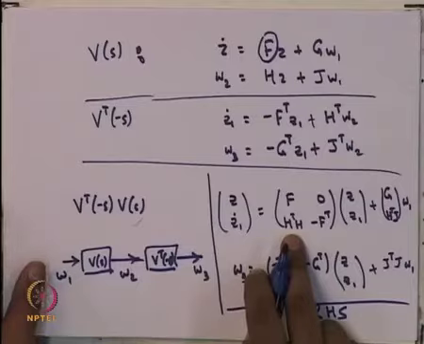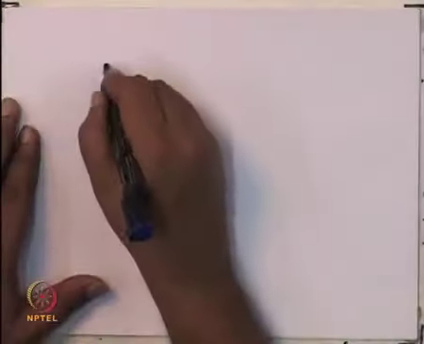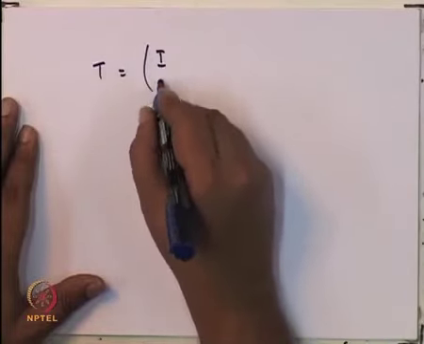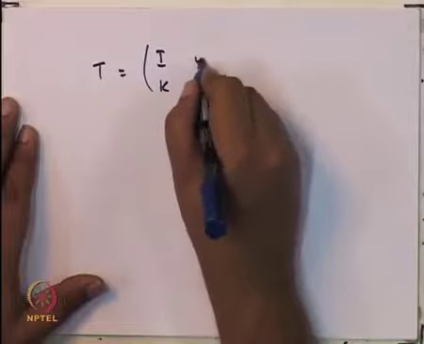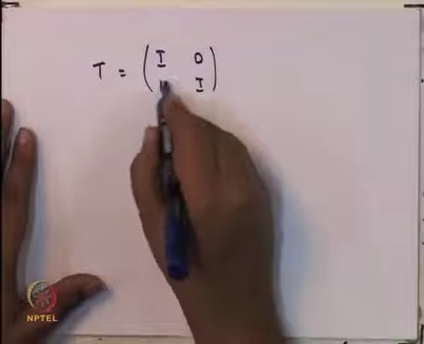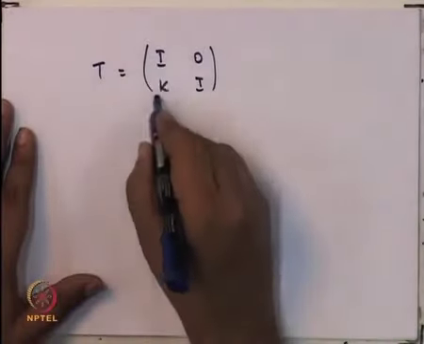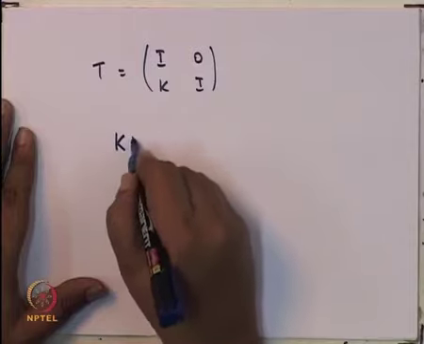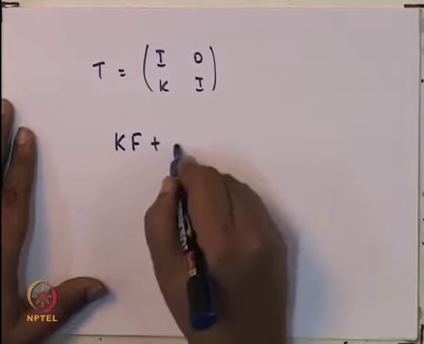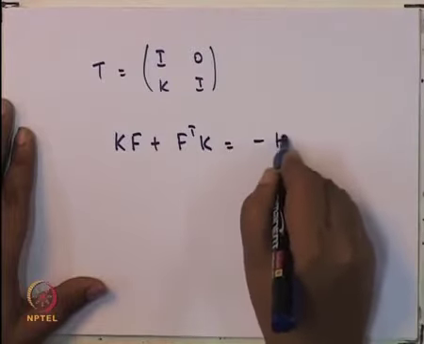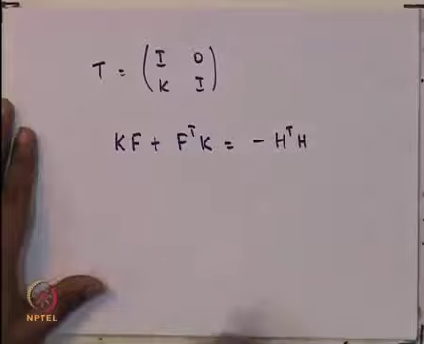Now, the way we get rid of this H transpose H is the following. So, we will use for the transformation a matrix T, which is of the form I K 0 I, and this K is not any old K, but this K is a K that would satisfy the Lyapunov equation K F plus F transpose K equal to minus H transpose H.